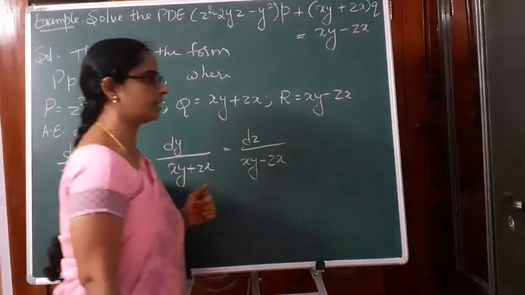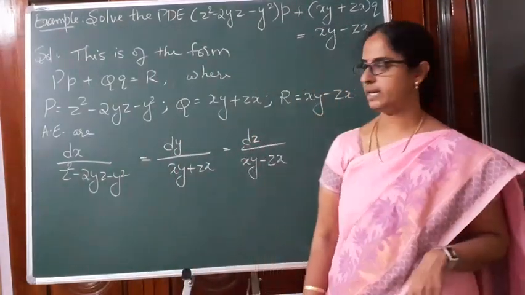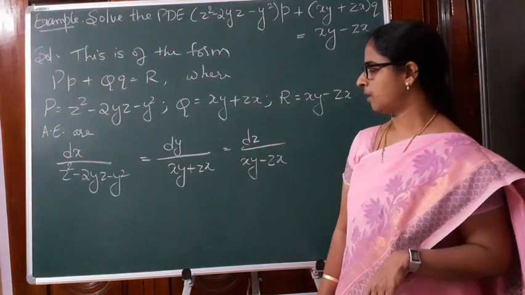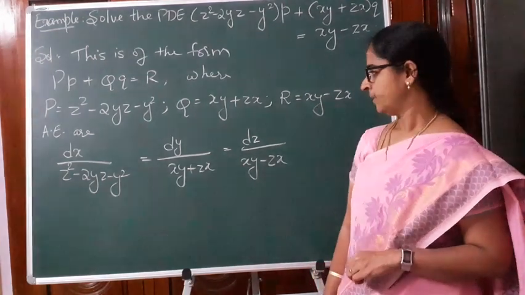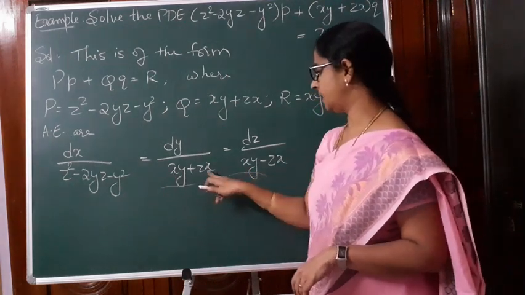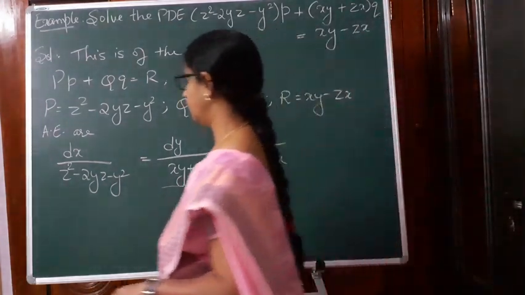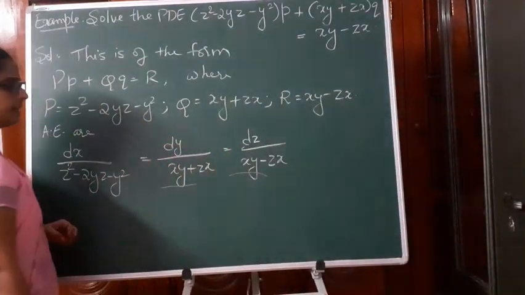Now from this auxiliary equation we find two independent solutions u and v, either by grouping or by using multipliers. Now if you observe 2 and 3 terms, we have x common in the denominator, so that we can cancel x, and let us see whether we can integrate and find a solution.